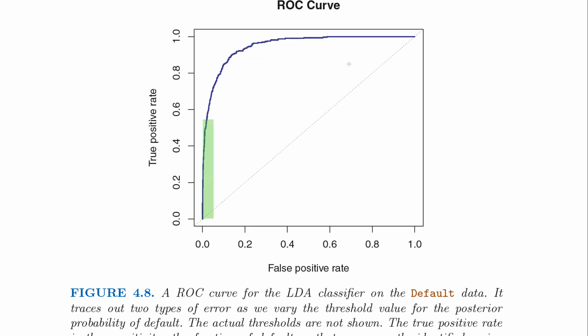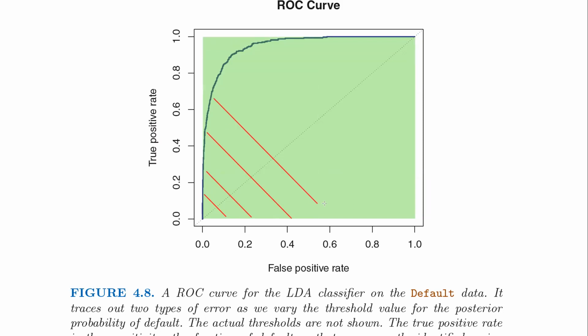This is a 1 by 1 square. The higher this red region is, the greater the area of this red region is.